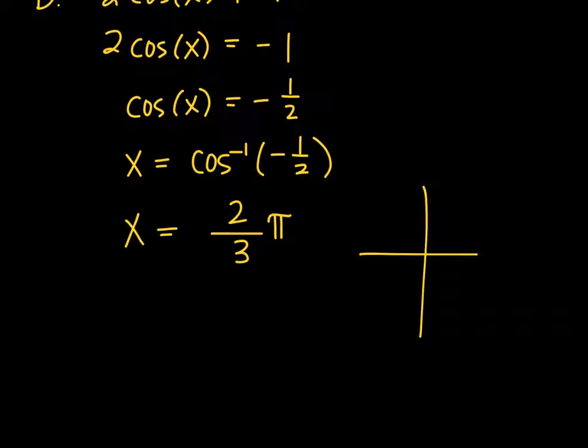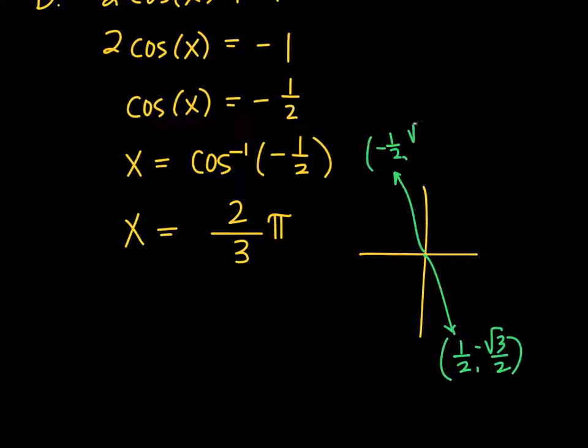Let's check that out. So here's 2/3 pi. Here's -1/3. The problem with -1/3 is, what is its x-coordinate? It's +1/2 for an x-coordinate, and we want -1/2 for our x-coordinate. So it can't be that one. That one is negative, but this one is the -1/2 rad 3 over 2. So we want the one that was negative.